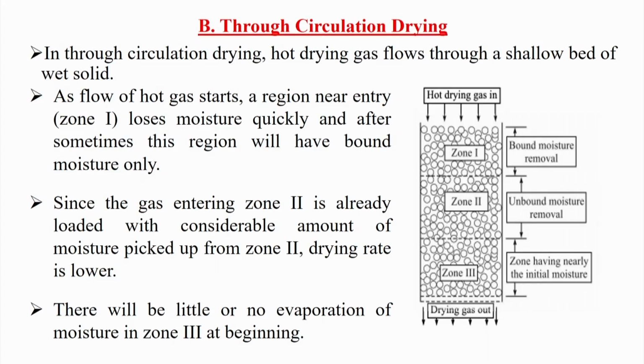This is through circulation drying. In through circulation drying, hot drying air flows through the shallow bed of the wet solid. What is happening in case of through circulation drying: the wet material is placed in a column, and hot drying air enters from the top and passes through the wet solid.